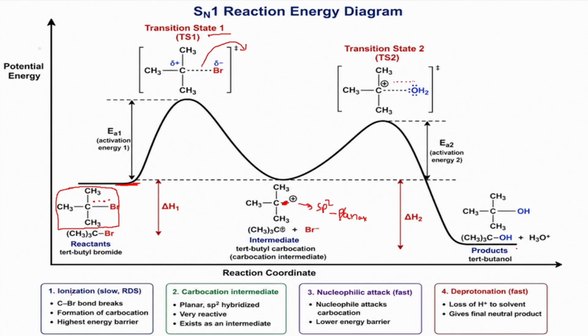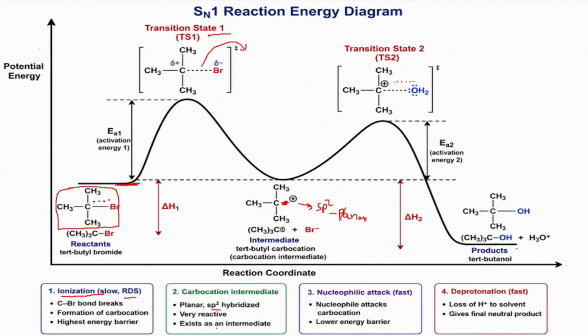Then here we'll see step 1, ionization, that is slow and the rate determining step. Step 2, carbocation intermediate formed, sp2 hybridization.